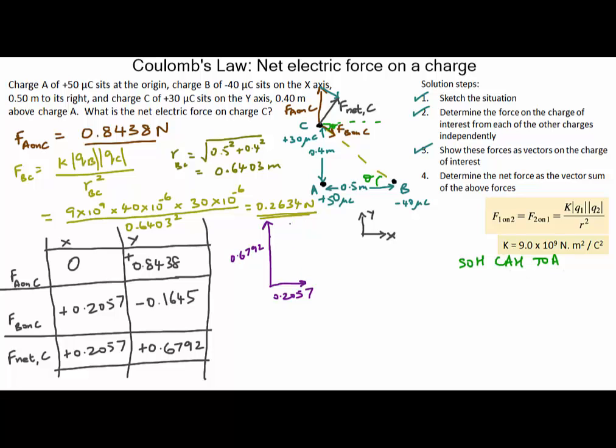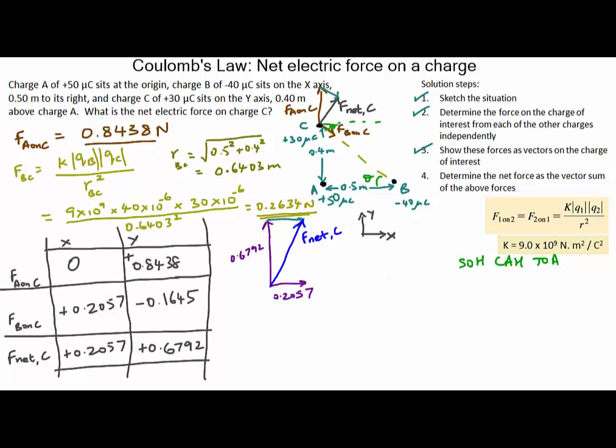The net force is simply the vector sum of these, so if I slide F net x to the top, it'll look like that. And my net force that I want is this one over here. So this is F net C, which we're interested in finding.